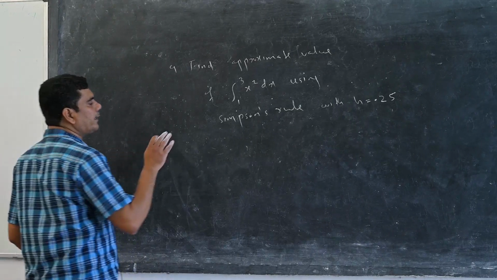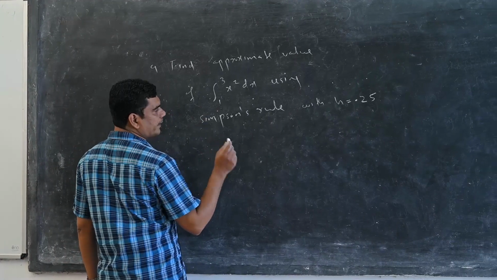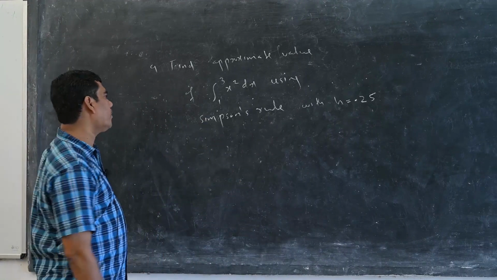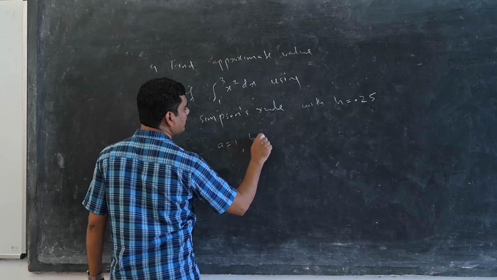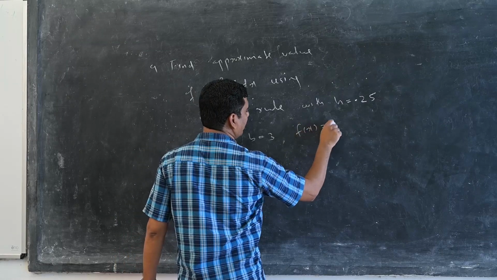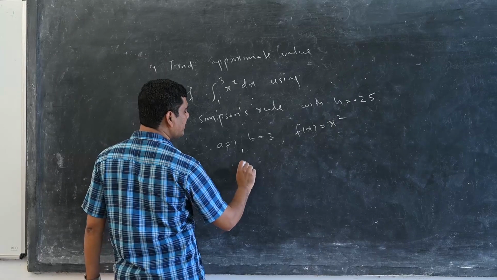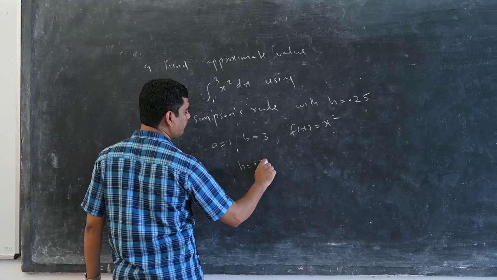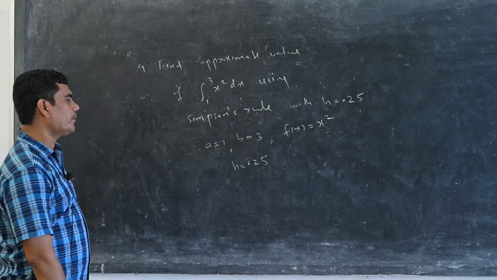So here integral a to b f of x dx is integral 1 to 3 x square dx. So a is equal to 1, b is equal to 3, f of x is equal to x square. We have been given the length of subinterval h is equal to 0.25.